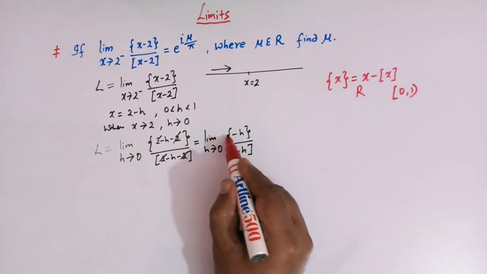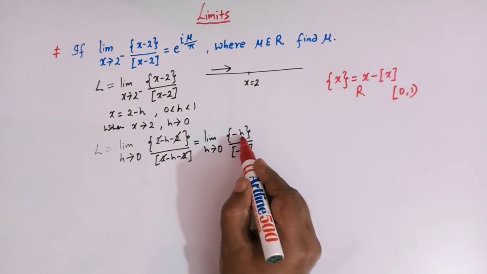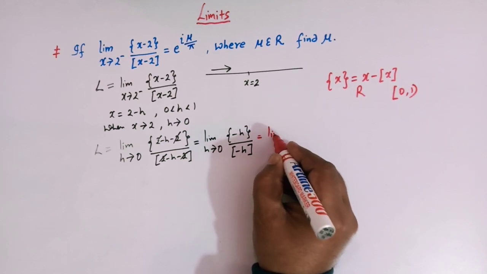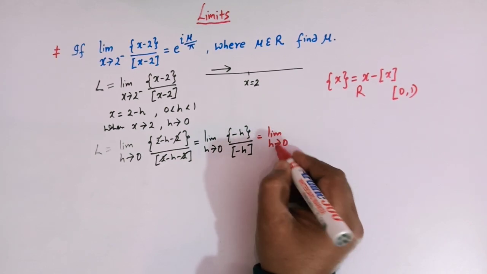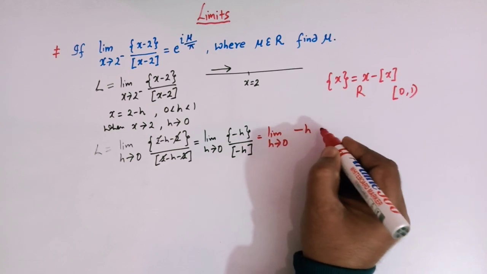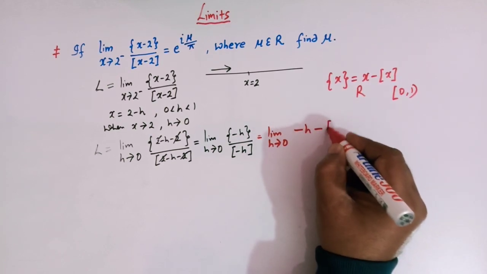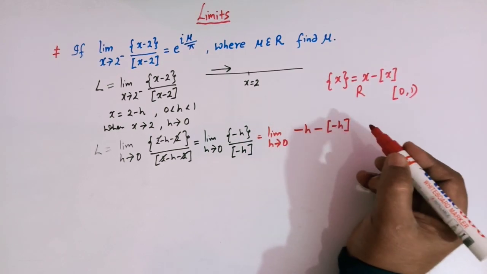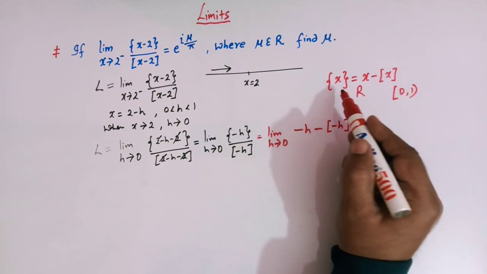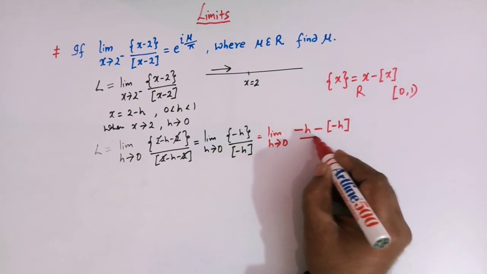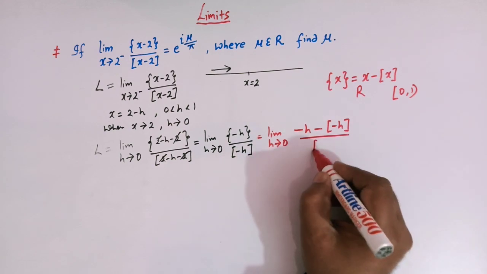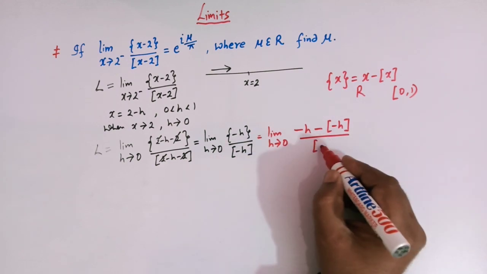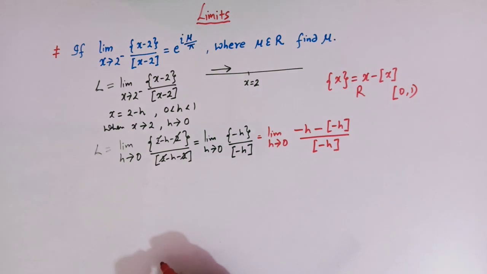So here we have fractional part of minus h. So what we will do, we'll write it like this. So limit h tends to 0, and we have minus h minus greatest integer of minus h using this definition of fractional part function, and in the denominator we have the greatest integer of minus h, right?